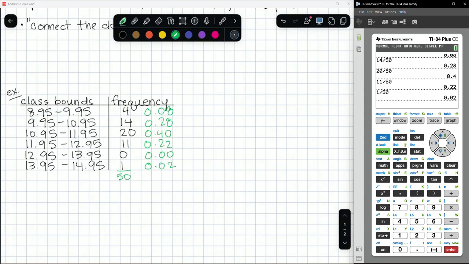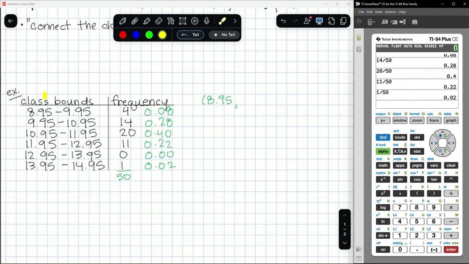When I plot this, my pairs are going to start with the lowest class boundary, which is, sorry, I don't know why there was a lag there, 8.95, and then the cumulative relative frequency that goes with it. And I need to think about my data set. We were looking at men's shoe sizes, and the smallest value was 9, the biggest was 14.